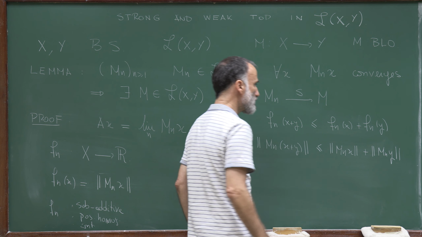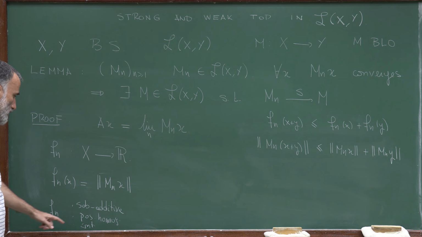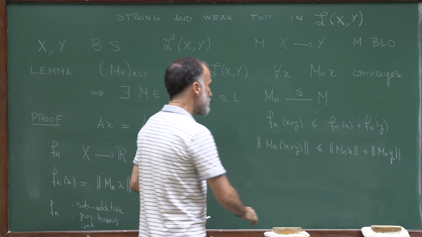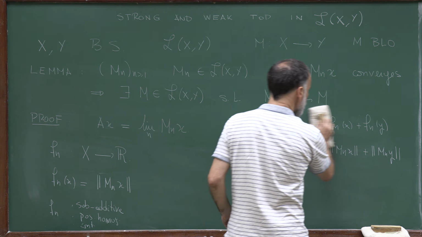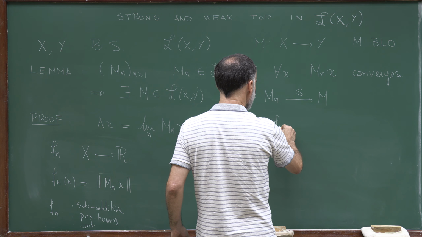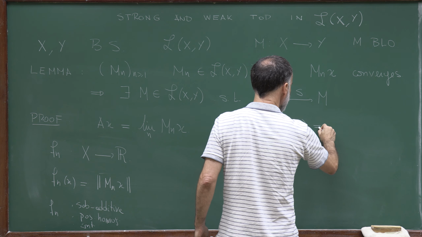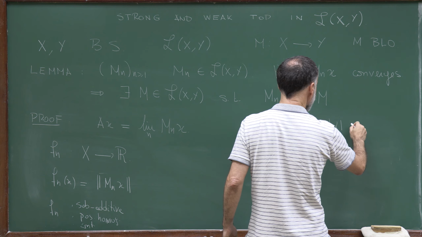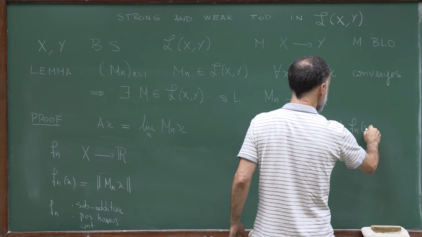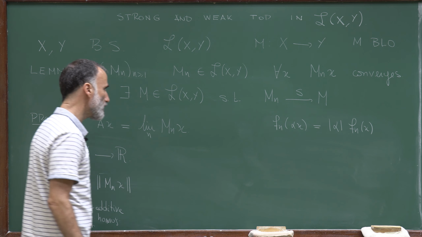And this is fn x plus fn y. So that proves that fn is subadditive. Then let me show that it's positive homogeneous. So let me recall that positive homogeneous means that fn(alpha x) is equal to the absolute value of alpha times fn x for all scalars alpha and x in X.